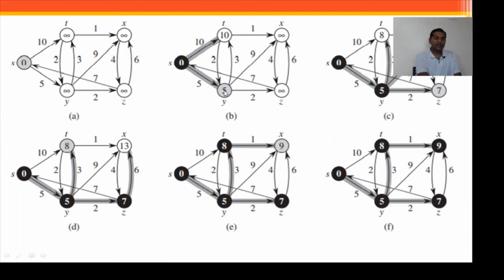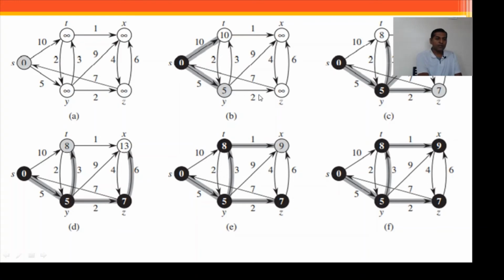Which are adjacent to Y? 5 is the distance, or the cost, of reaching vertex Y from source S. Now the adjacent vertices are T, X and Z. For T, 5 plus 3 is 8, and 8 is better than 10, so we'll replace 10 with 8. Then 5 plus 9 is 14, and 14 is better than infinity, so 14 is written in place of infinity.